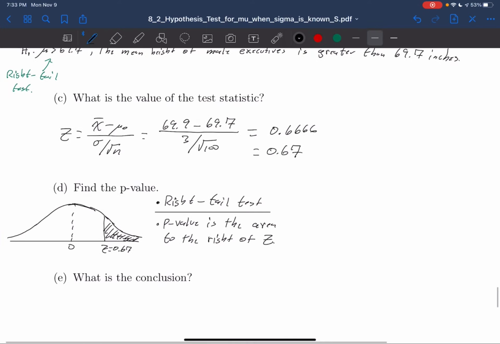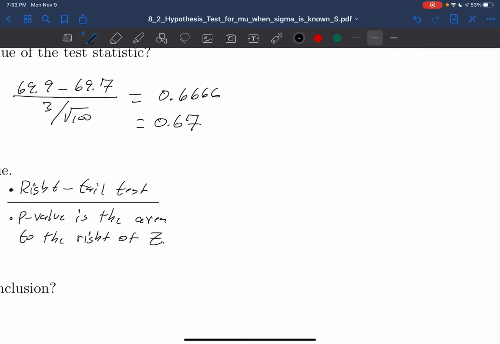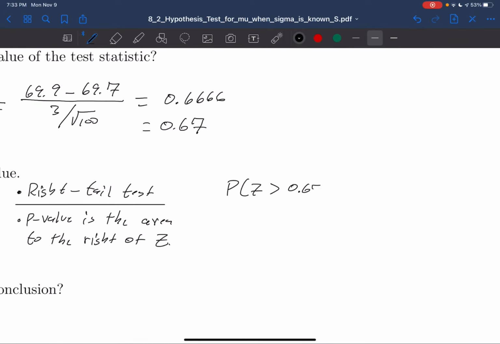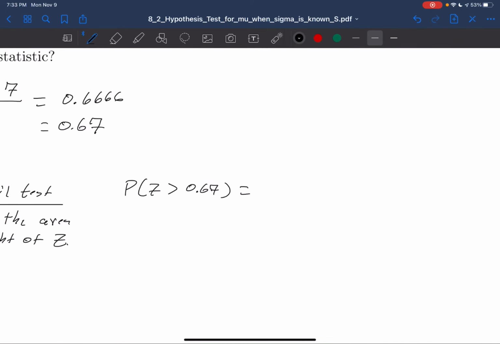Cool. So this is asking what is the probability that z is greater than 0.67, which is equal to 1 minus the probability that z is less than 0.67. And again, you can use the table to find this value.